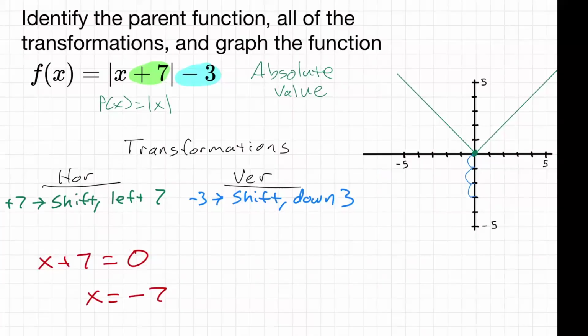There we go. We're going to make it work. Okay. But hopefully what you see here is the first thing I did was that down 3. And now we got to go 1, 2, 3, 4, 5, 6, 7 to the left. What do I put at that spot that we just got to?